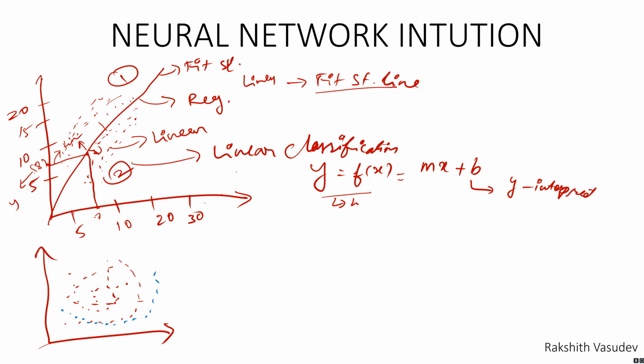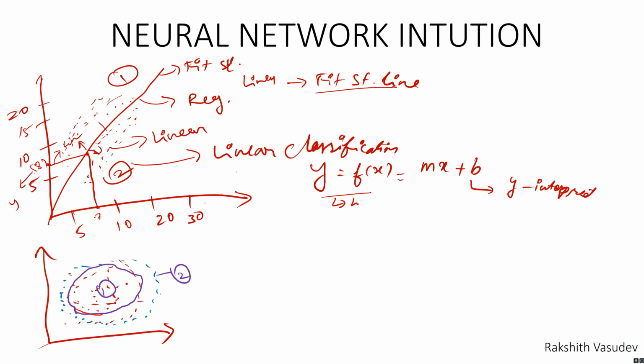Look at this. I have 2 classes of points. How are you going to fit a straight line here? If I want to classify these points, how am I going to classify? The way I classify is by fitting something like this. Let me draw with purple. I'm trying to do my best job separating them, so this is class 1 and this is class 2.